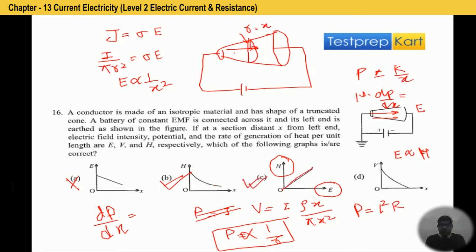So options B and C are correct. As far as potential is concerned, if the electric field is decreasing, the potential will definitely increase when we move from one terminal to another. So this option is not right. So options B and C are correct in this question.